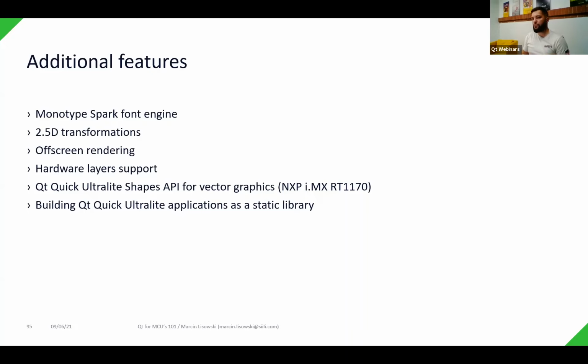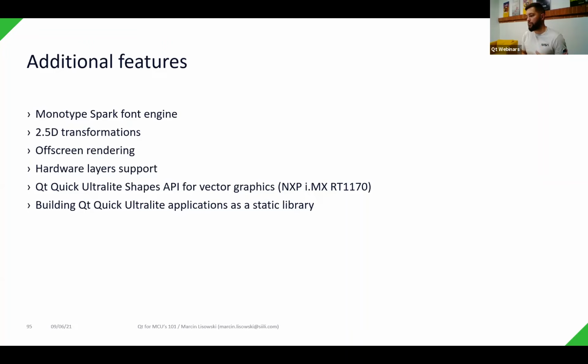Qt for MCUs also supports 2.5D transformations. So the carousel, for example, is probably the flagship example of using the 2.5D transformations, which of course can be used for more advanced things. It depends just on your application design. You can make use of off-screen rendering.